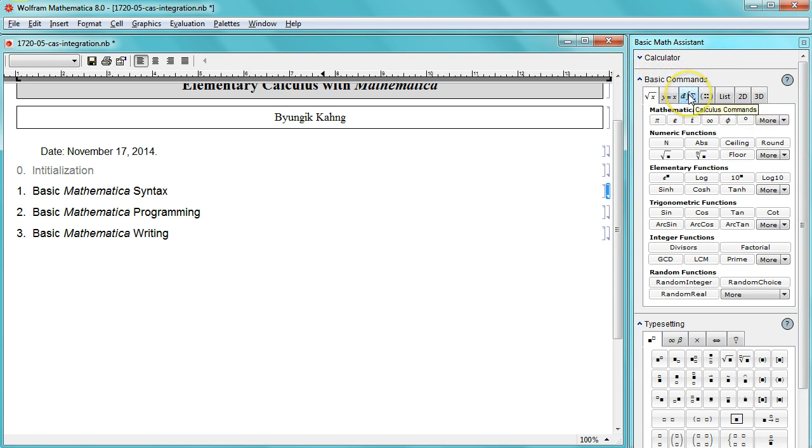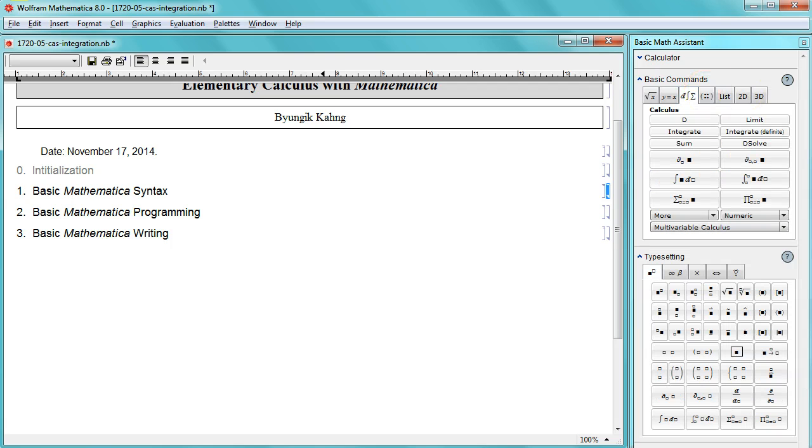And then if you go to the third box over here in basic commands, with D and integral symbols, you can see some Mathematica commands regarding calculus. D for derivative, Limit for limit computation, Integrate for integral, Integrate for definite, and so on and so forth. So these give you a sort of library of what to do. So you can explore appropriate commands from here.